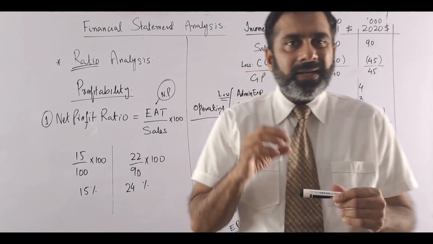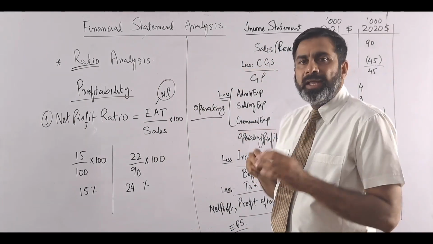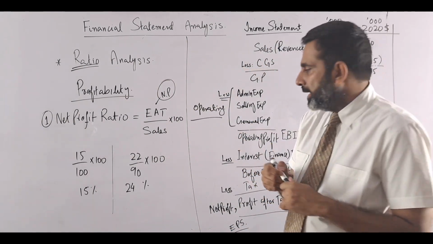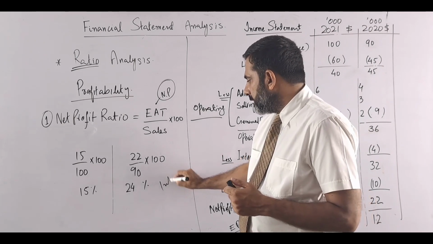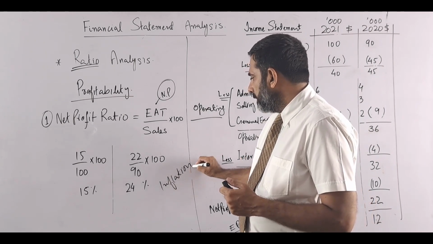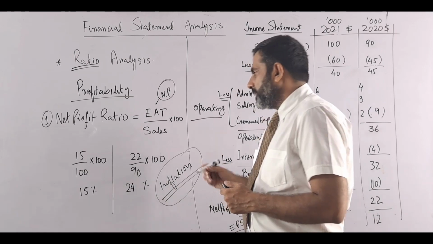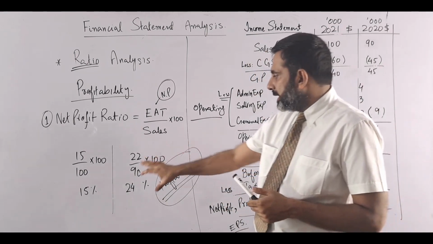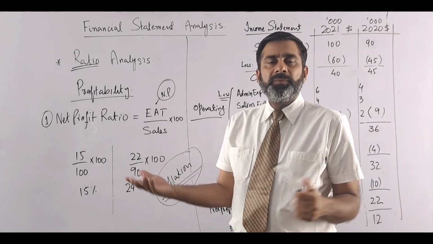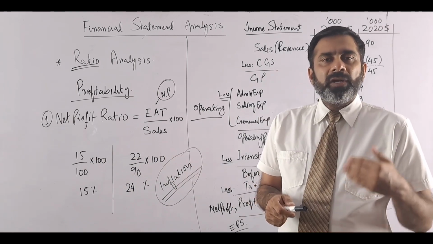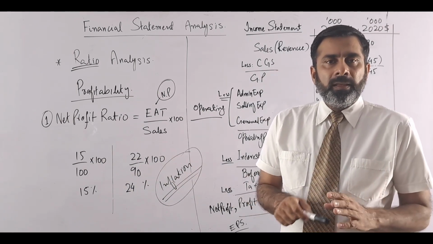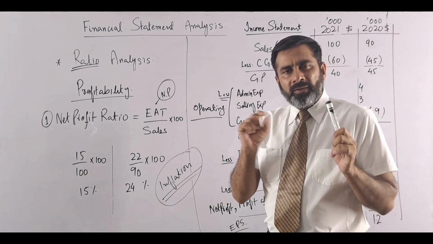Why? What are the major reasons? The very basic reason, the very basic thing that is very important is the concept of the inflation. You cannot say that only the sale increase means the company's overall performance improved. No. For example, we are just assuming a very basic thing.